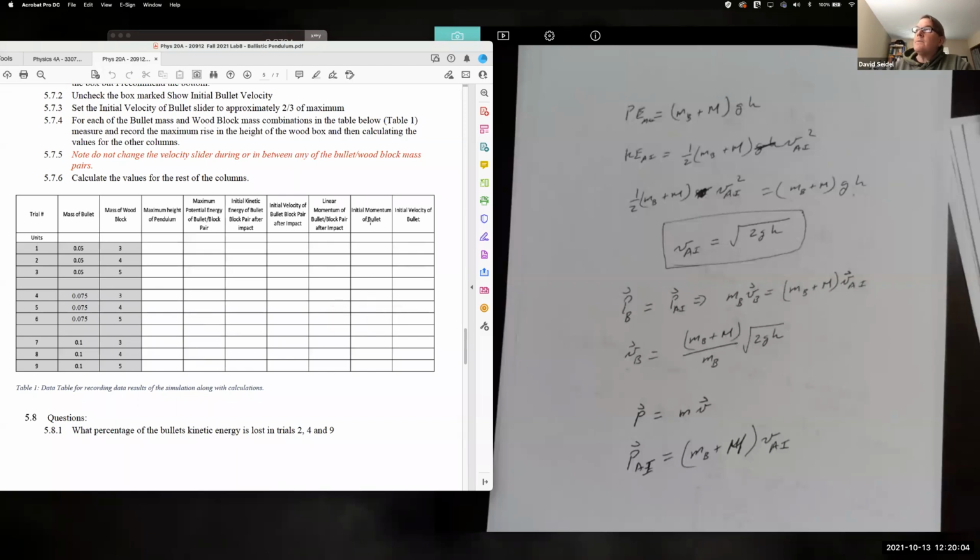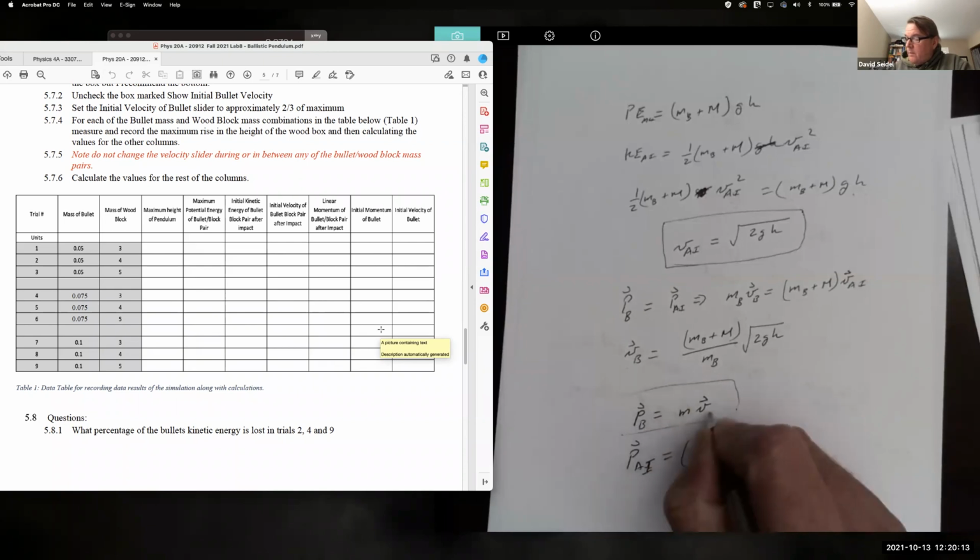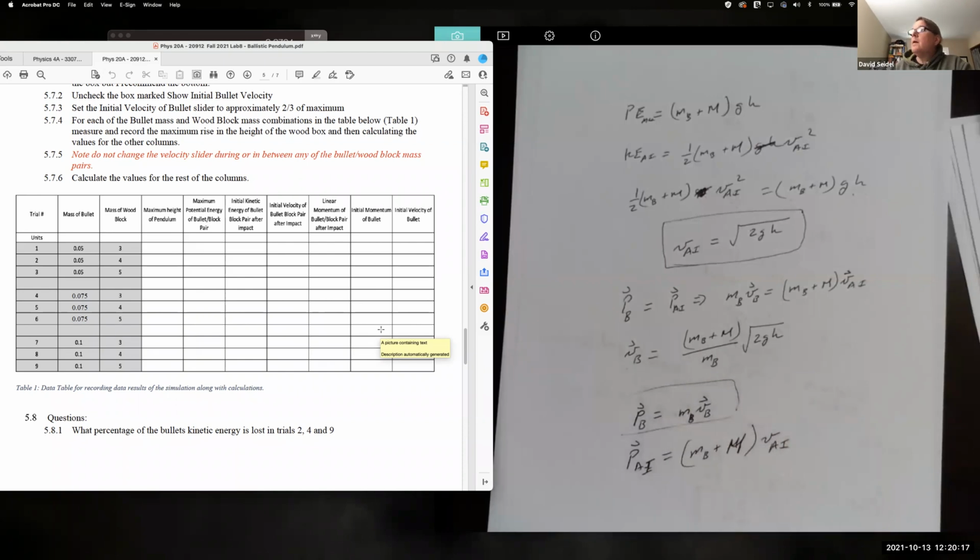That has to equal the initial momentum of the bullet, by conservation of momentum. And if I have the momentum before impact, which is just the bullet's, then I can get the velocity of the bullet. That's how we get the velocity of the bullet.